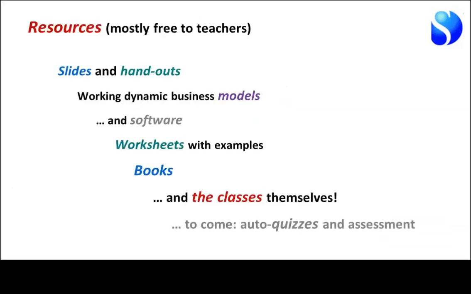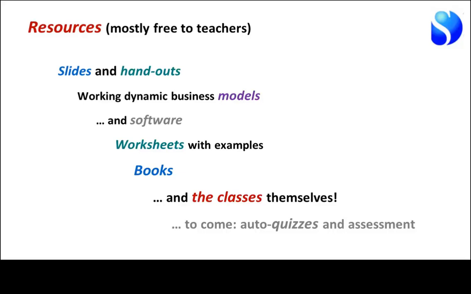I said at the beginning that I'd give just a short word about resources, so let me explain what there is. Obviously there are slides and handouts, as there would be for any online course, and if you are a registered university or college or school teacher, and you want to teach with this material, if you register with us, you can have it.